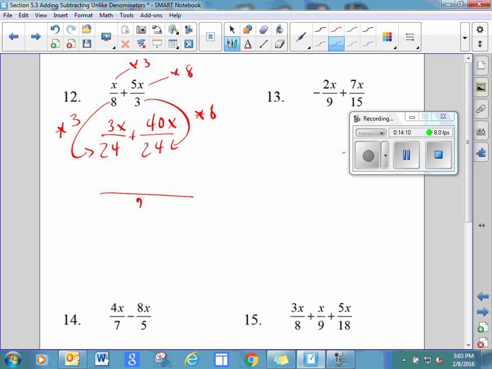Single fraction bar, common denominator is 24. 3x plus 40x. Those are like bases. They have like bases and exponents because this is x to the first and that's x to the first. So we have 43 of those x's over 24. And again, 43 is prime. 24 is not, and 43 is not a multiple of 24, so we're done.